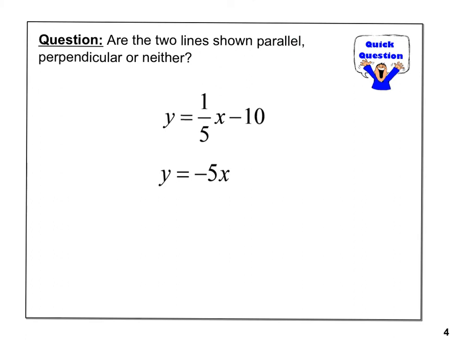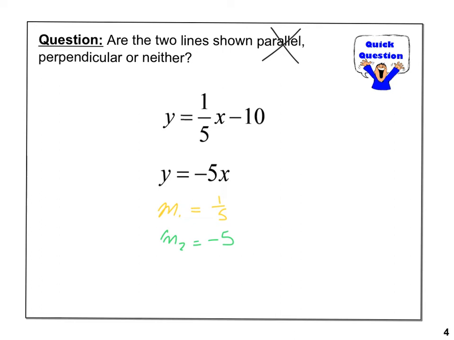Okay, here's another problem. Why don't you pause the video and see if you can give it a try? If you're not ready for that yet, then just keep watching. Right off the bat, I notice that the slope of m1 is 1 over 5, and the slope of m2 is negative 5. Because the slopes are not the same, it cannot be parallel, which means our options now are perpendicular or neither.